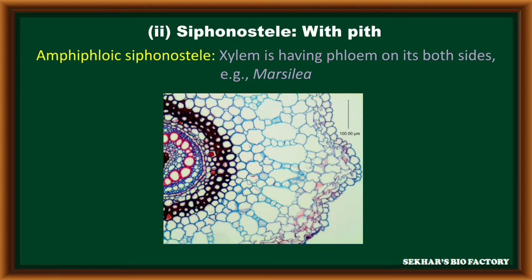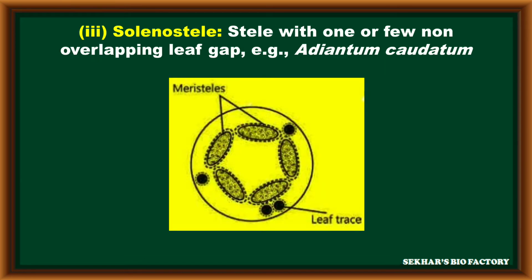The second type of siphonostele is amphiphloic siphonostele. In this, xylem has phloem on both sides. Such a type of stele is seen in the Marsilea plant. The third type is solenostele.